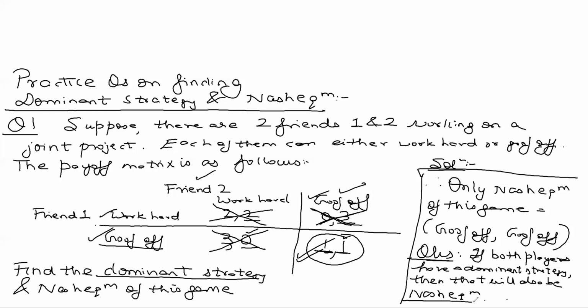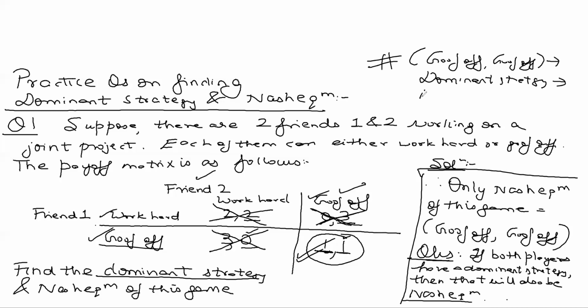If you all can observe, in this game, goof off, goof off was the dominant strategy, which is also the Nash equilibrium.